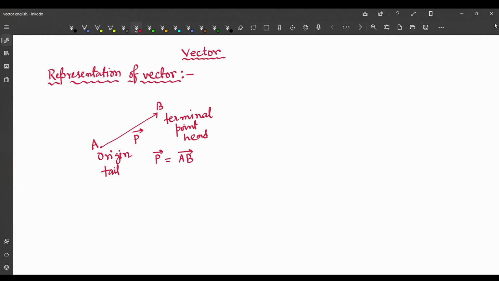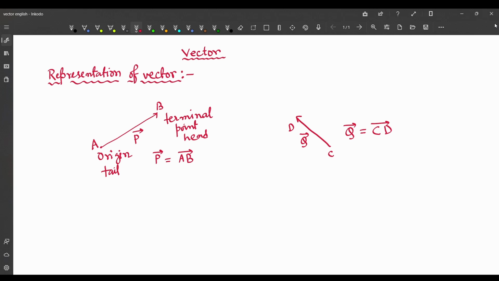If CD is a vector represented by Q, then Q is equal to CD. It starts from the origin and ends at the terminal point. And the vector notation is always towards the right.